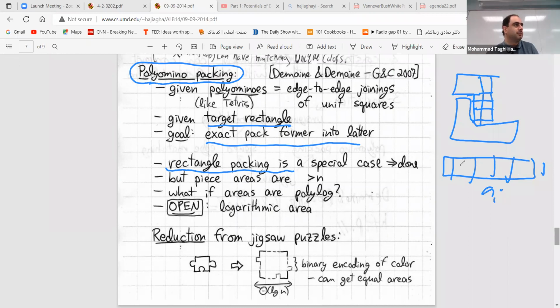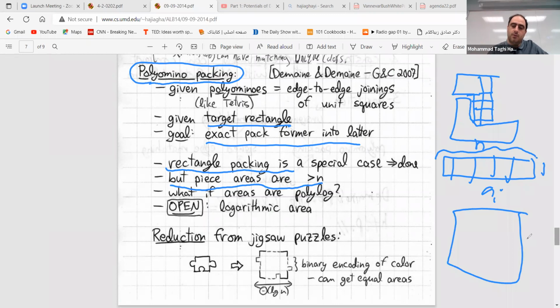That's it. So of course this problem is harder than rectangle packing. But here is the issue. The pieces that we have in rectangle packing, the size of them can be large, it can be n, where n is the total size of the target. Because if you remember, the target here was n over 3.